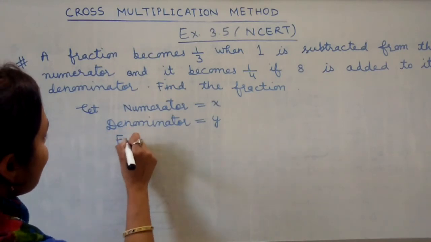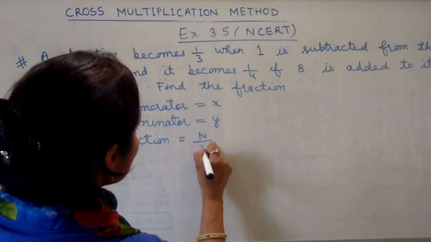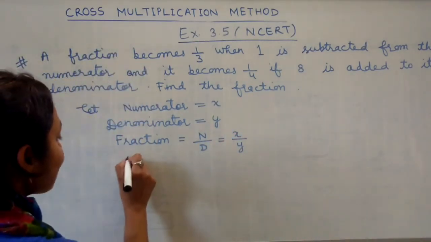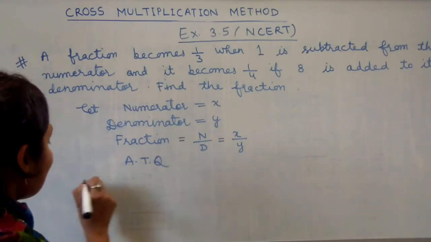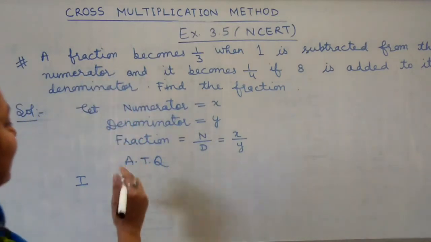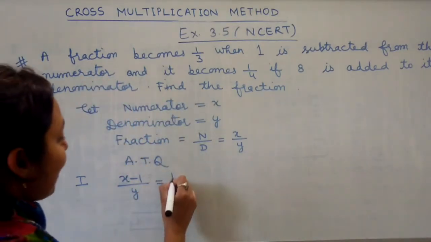Okay, the fraction is numerator upon denominator, that is x upon y. According to the question, the first statement is, if 1 is subtracted from the numerator, that means x minus 1 upon y is equal to 1 by 3.